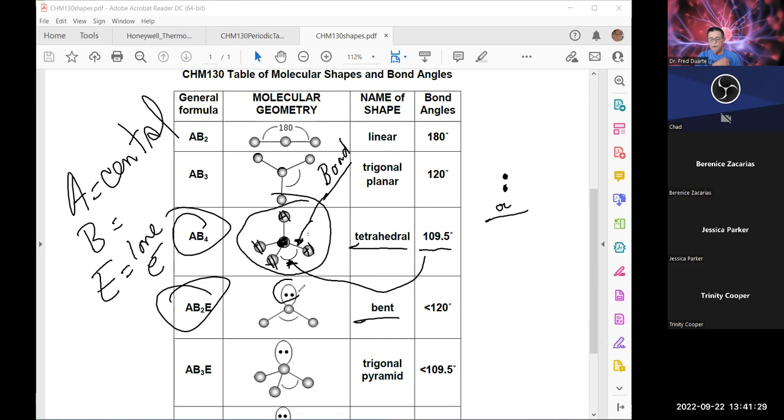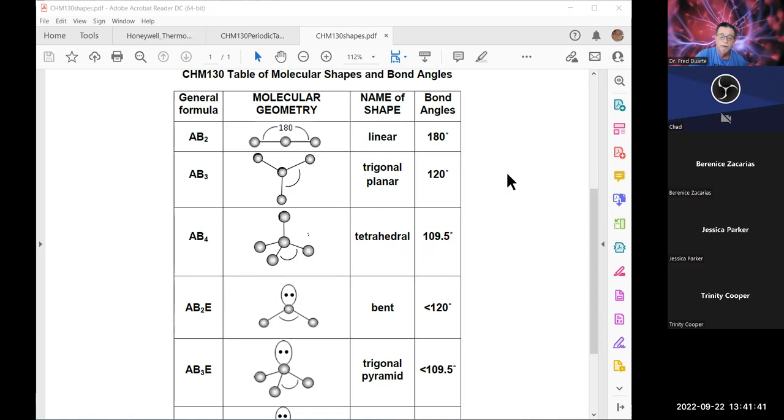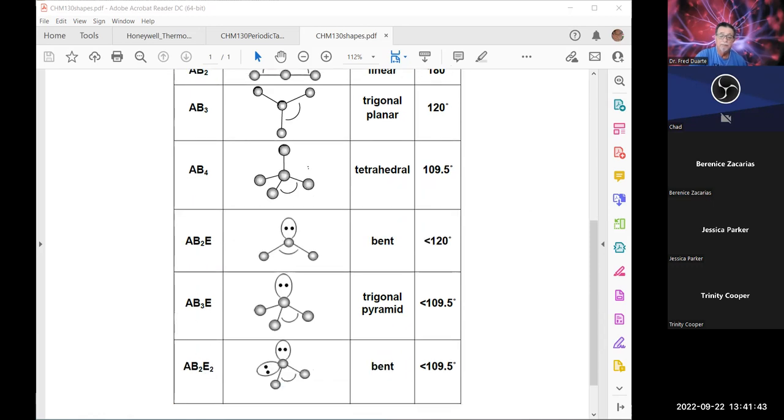And we'll be able to determine how many of these lone pairs we have. We can have either one or two of them, okay? Like this one there. And that, in effect, results in a big change in the geometry, which affects the properties of the molecule.